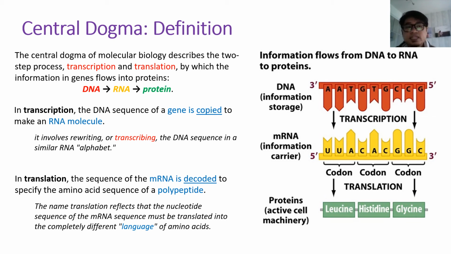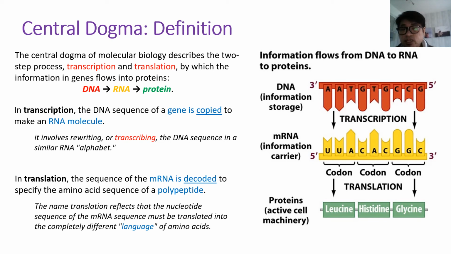Okay, so in transcription, the DNA sequence of a gene is copied to make an RNA molecule. This involves rewriting, or transcribing, the DNA sequence into a similar RNA alphabet. From the image on your right side, you can see that the DNA information storage undergoes the transcription process, and it produces the mRNA. So mRNA is the information carrier, and this mRNA has codons.